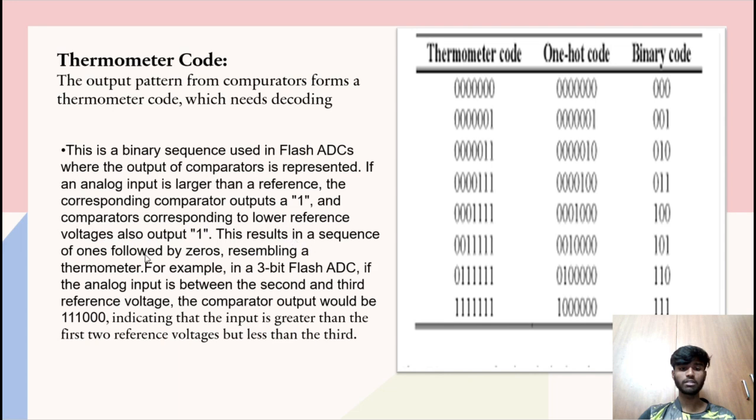This results in a sequence of ones followed by zeros, resembling a thermometer. For example, in a 3-bit flash ADC, if the analog input is between the second and the third reference voltage, the comparators' output would be 1110000, indicating the input is greater than the first two reference voltages but less than the third.